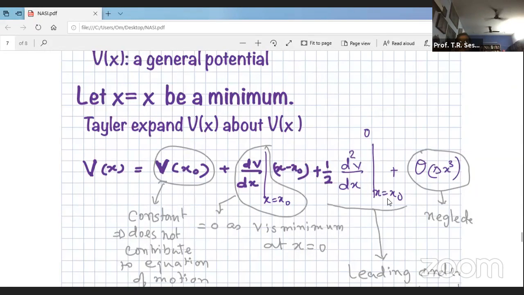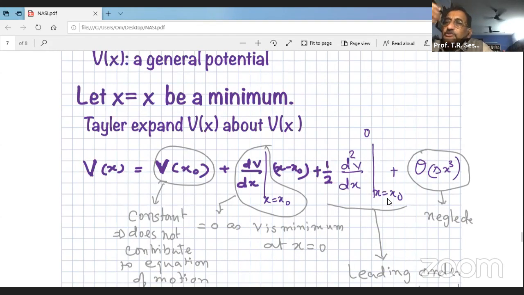It will not affect my equations of motion. Now I come to the second term, dV/dx at x equal to x0. But x0 I have constructed by demanding that it is a minimum, so dV/dx is 0 at x0. So the second term vanishes.